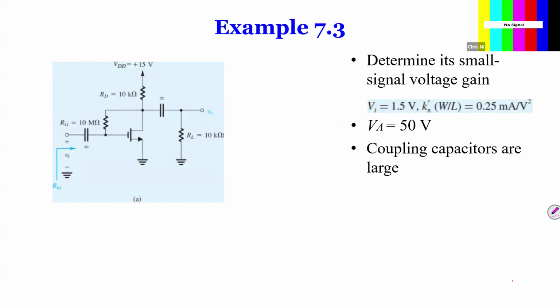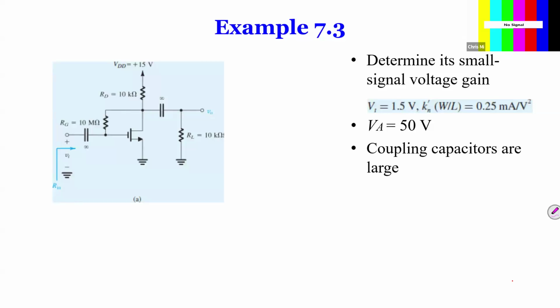This example is apparently not more complex than the one that we just illustrated on the previous slide, right? What we're saying here is we want to determine the small signal gain. VT is given, K is given, VA is given.